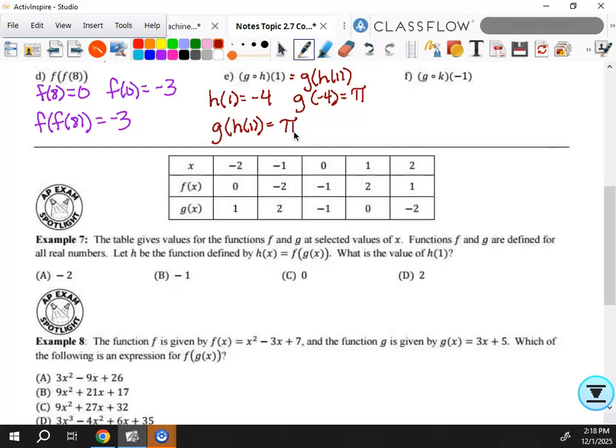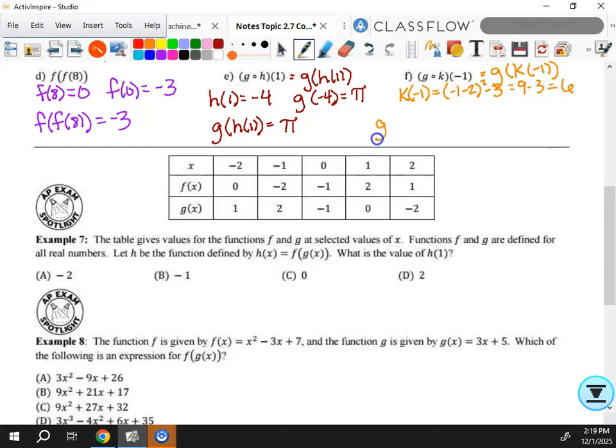Okay. I'm just going to keep rocking along, since this is just a review. So g of k of negative 1. All right, k of negative 1, got to substitute that in. It's going to be negative 1 minus 2 squared minus 3. What does that give you? 6. Good. That is 9 minus 3, which is 6.